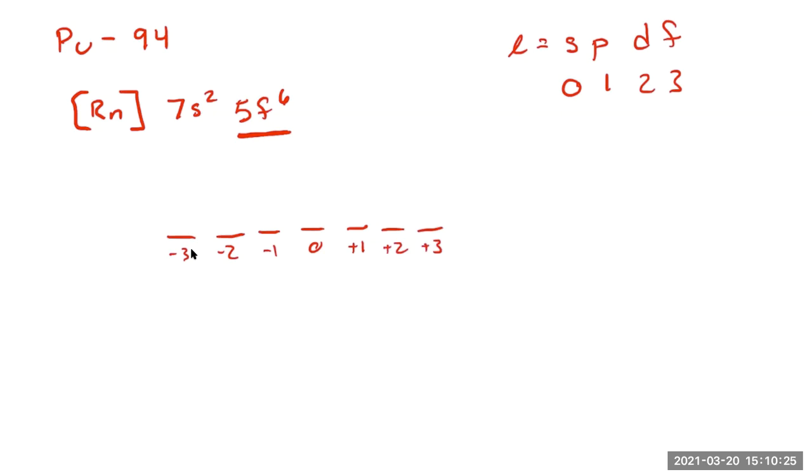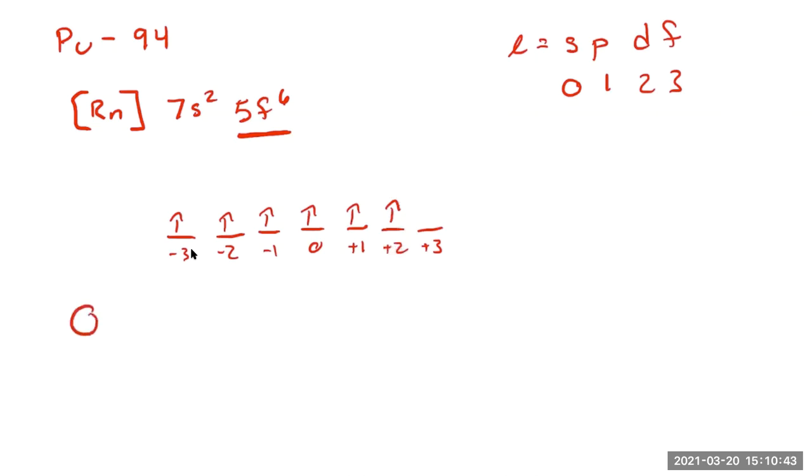Now when we're filling that up, we start filling across: 1, 2, 3, 4, 5, 6. So the last electron that we added was in the +2.